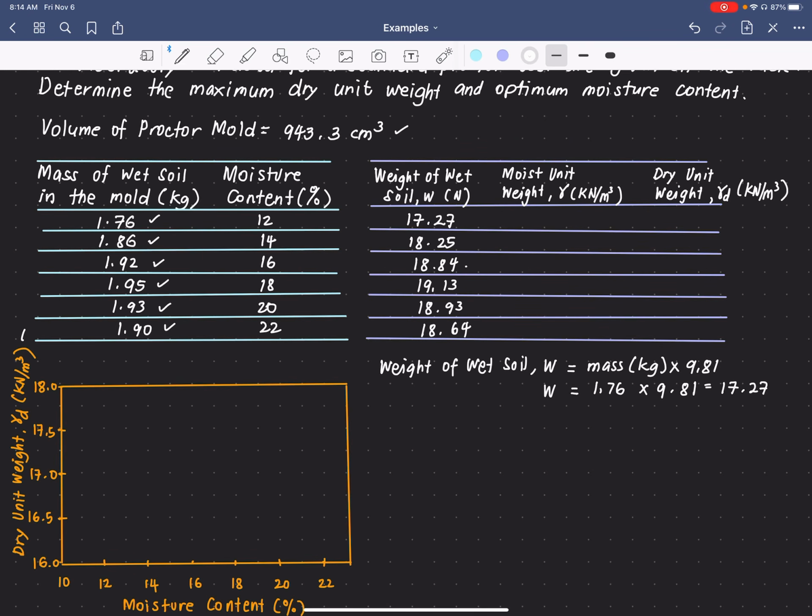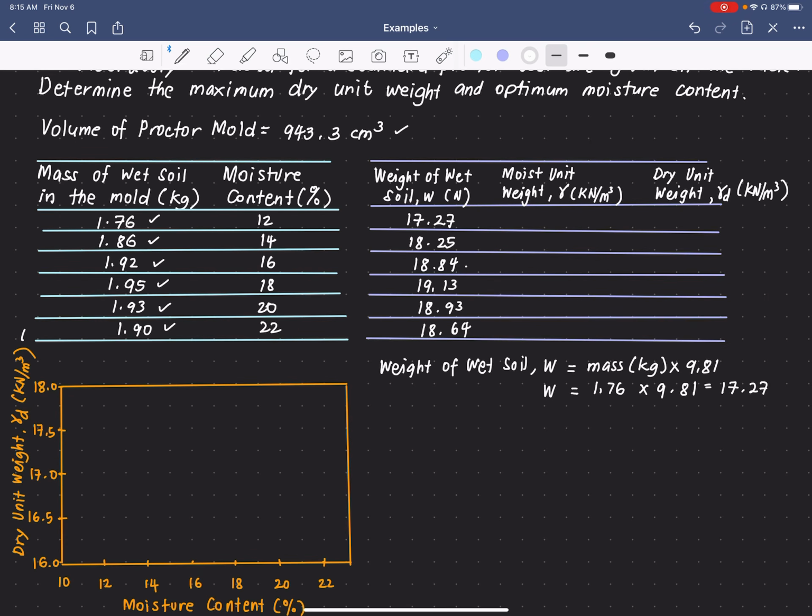We allow the increase of moisture content while the mass of wet soil in the mold is increasing. But after the time that it decreases, we'll have like two trials for decreasing weight, and then we will stop the test. Because with this data, we can now draw the compaction curve.